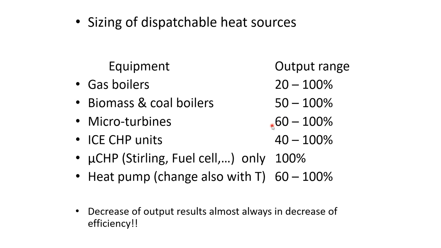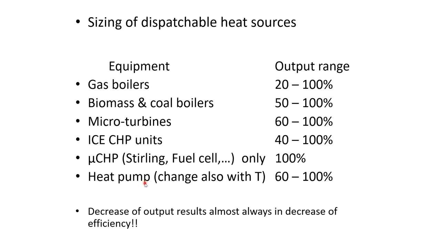Microturbines, let's say from about 60%. The combined heat and power units based on internal combustion engines can typically go down to about 40%, but some micro-cogeneration systems like Stirling engines or fuel cell units are typically designed to run only at 100% power output. So they are good to be the base load systems which are operational all year round.